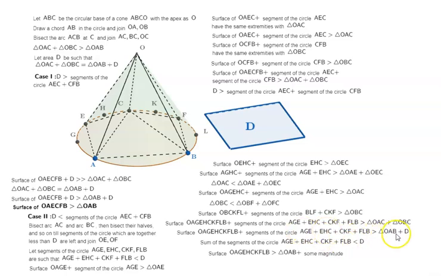But since this is less than D, surface OAGEHCKFLB is greater than triangle OAB plus some magnitude. That magnitude will not have an impact on this relationship if we remove it. So surface OAGEHCKFLB is greater than triangle OAB.